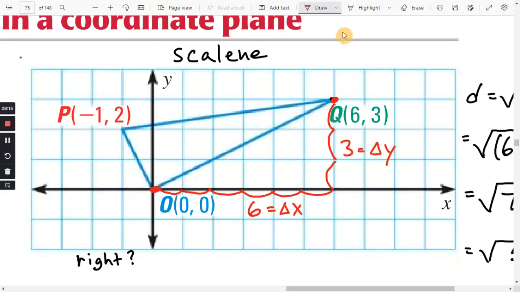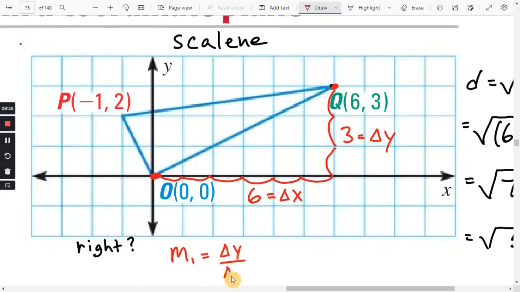All right, so the first slope, we'll call it M1, and we'll do change in y over change in x. So that's going to be 3 divided by 6. Reducing that, 3 divided by 3 is 1, 6 divided by 3 is 2. That's one line, this line here.